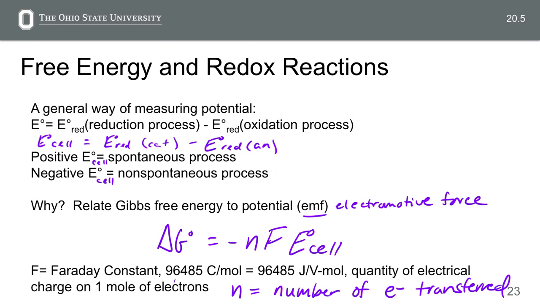So you can see that constant written down here. That's the quantity of electrical charge on a mole of electrons. Now you can see, given this equation, if we have a positive value for our cell potential, overall the right-hand side of this equation becomes negative. And if we have a negative value for our delta G, we have a spontaneous process. So that's where all of this is coming from: the positive cell potential, galvanic, spontaneous, that's all coming from this equation.